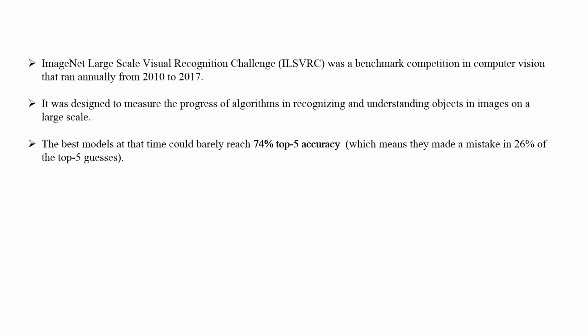Your model will predict 5 times what the image is about. So, the top accuracy achieved before 2012 was around 74%, and 26% of the time it was giving errors.